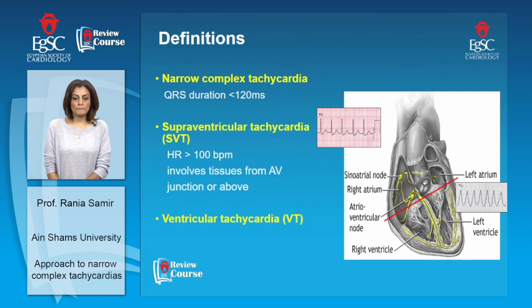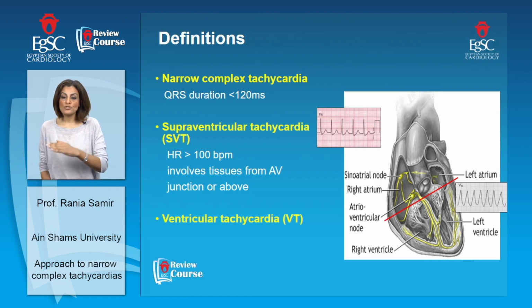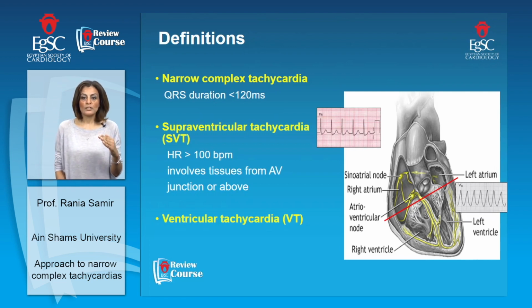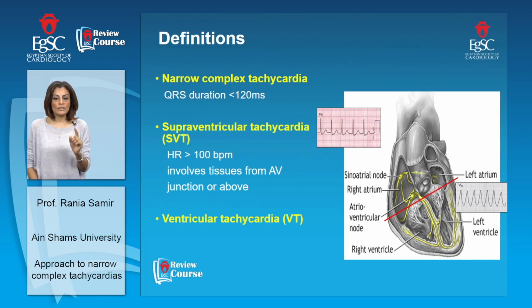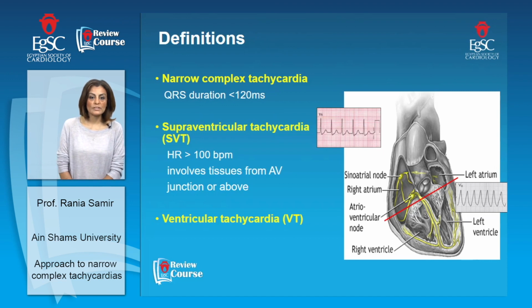So, to conclude, these types of tachycardias originate from regions just above the His-Purkinje system, including the AV junction area and the atrial myocardium, and they are collectively known as the supraventricular tachycardias.